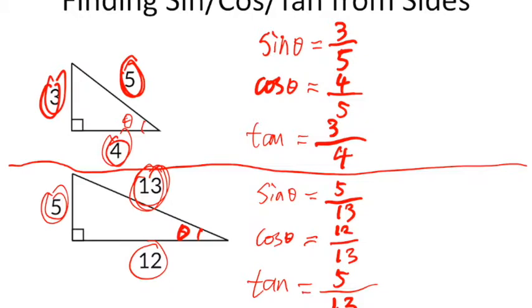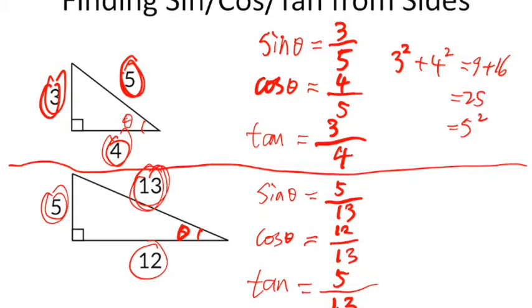Now, if you know 3 sides, you can also find out the angles. And for these 3 sides, we're pretty sure it's a right-angled triangle because we can verify through the Pythagorean theorem. If the Pythagorean theorem holds, it's got to be a right-angled triangle. We can check: 3 squared plus 4 squared equals 9 plus 16 equals 25 equals 5 squared.